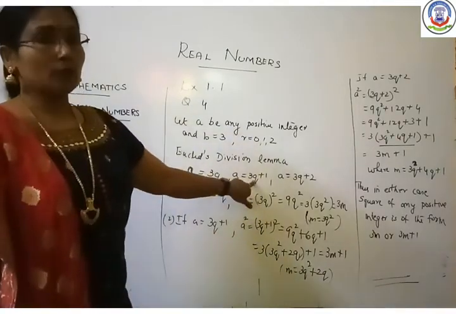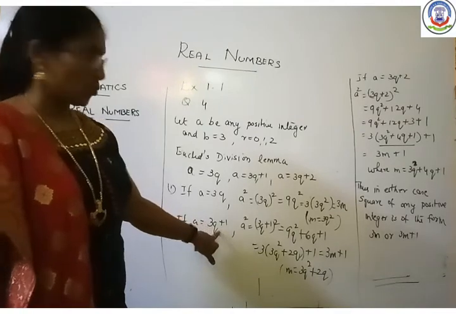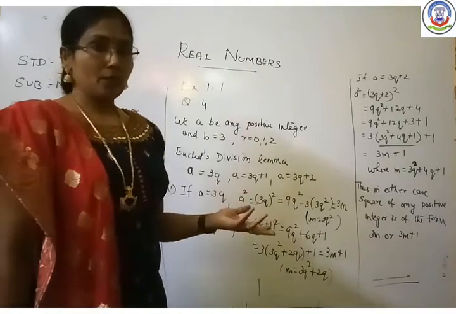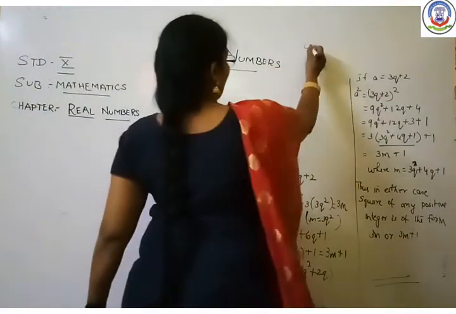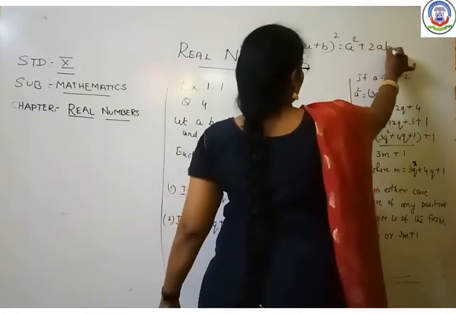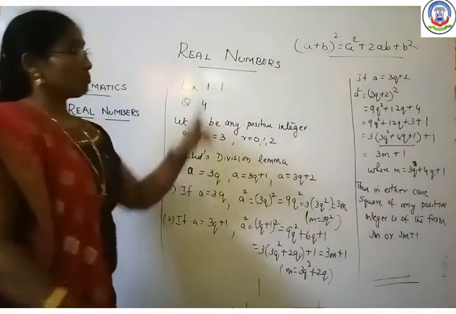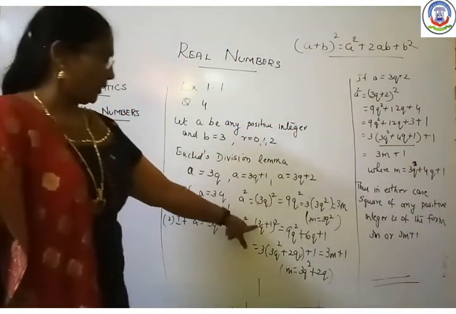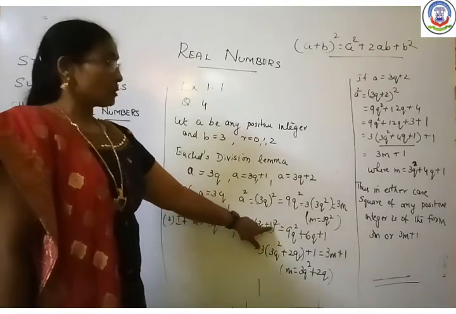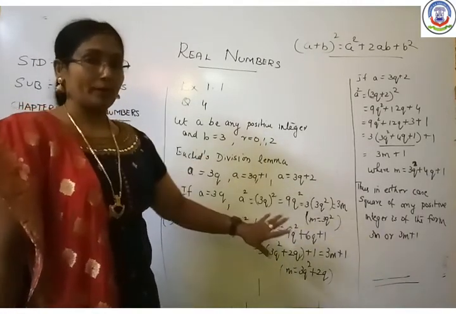Now for the second case, what was that? a is equal to 3q plus 1. Look at that. If a is equal to 3q plus 1, what will be a square? It will be 3q plus 1 the whole square. Now you already did that expansion of a plus b the whole square. Let me recall that also, some of you might not know: a square plus 2ab plus b square. That formula you are going to apply here. So first term square, it will be 9q square, plus second term 2ab, that means 2 into 3q into 1 will be 6q, plus 1.